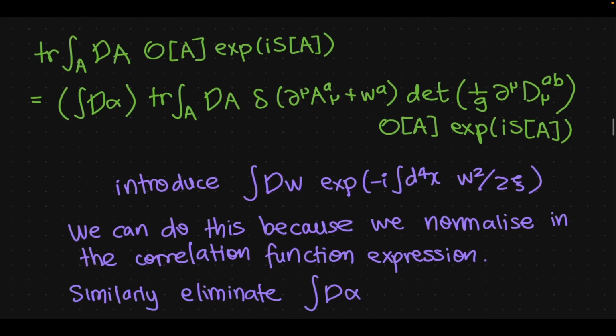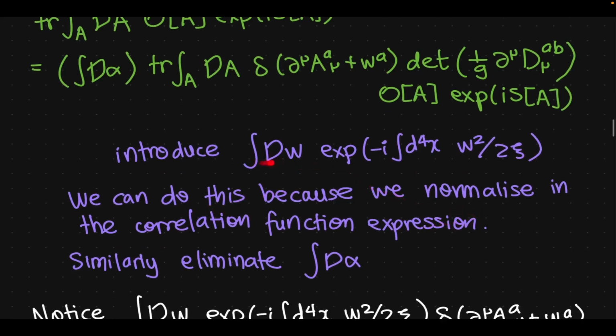Now, this is a little not obvious. Introduce this path integral dw, exponential minus i integral d4x w squared over 2c. We can do this because we can just multiply by this term. We can totally multiply by these arbitrary terms because we normalize in the correlation function expression.